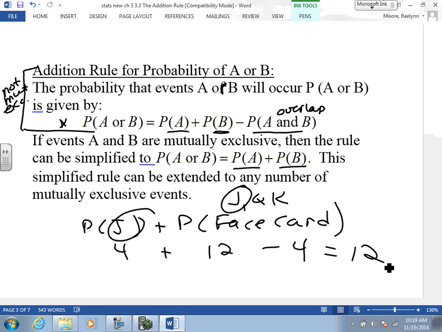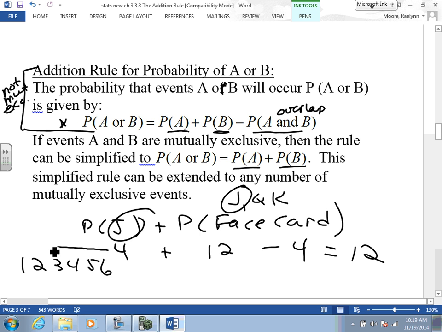Okay, let's break this down a little simpler. I have a die: 1, 2, 3, 4, 5, 6. I want the probability of a number 3 or an even number. They are mutually exclusive, they can't occur at the same time, right?